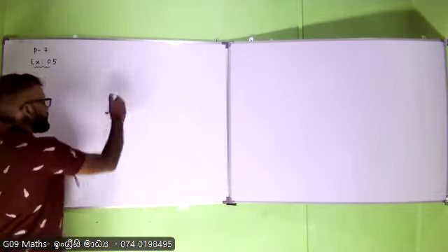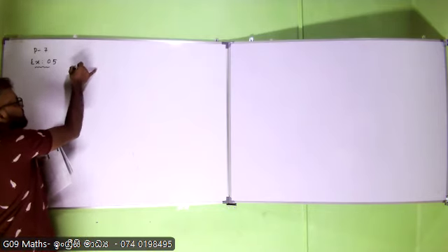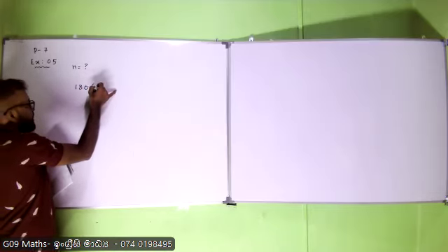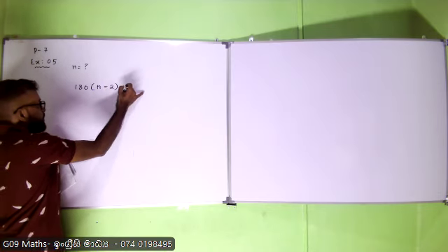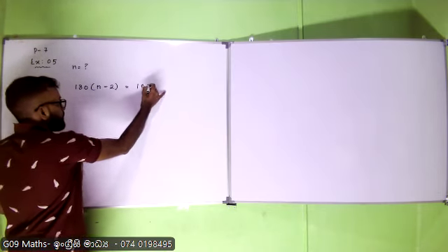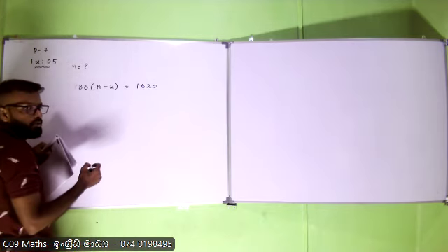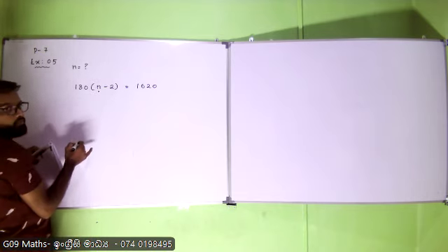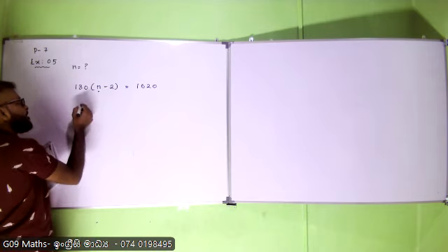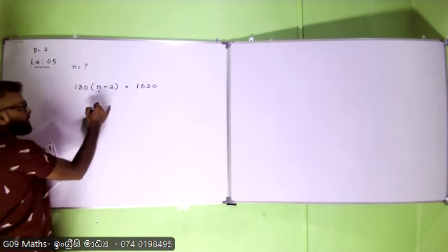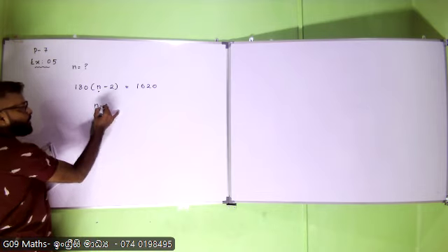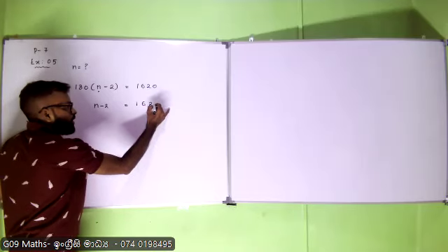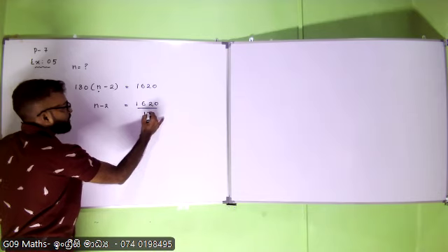Very simple. We need to find n, the number of sides. We have the relationship 180 (n minus 2) equals 1620. For that, you can write n minus 2 equals 1620 divided by 180.